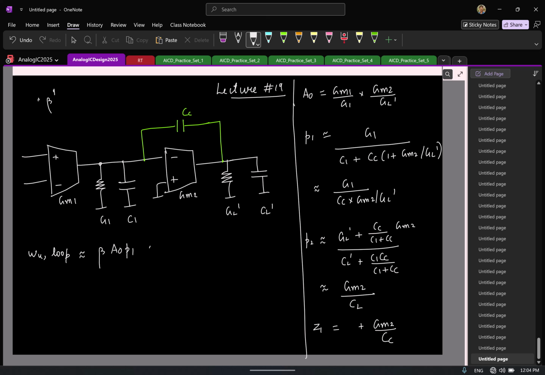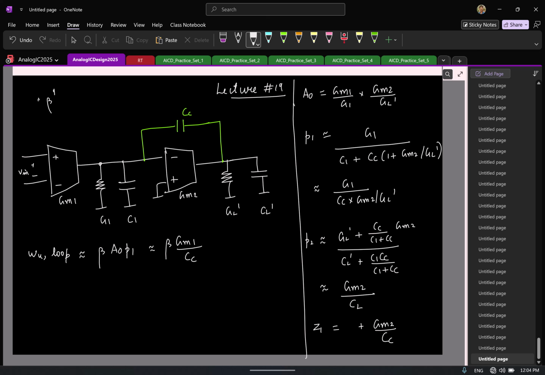And of course, you can simplify this. You will find this as beta times Gm1 by Cc. Around the unity loop gain frequency, you can think of it like this. This pushes out the current Gm1 times the input voltage Vin. This current flows through this capacitor and gets integrated. So you have Gm1 by Cc.